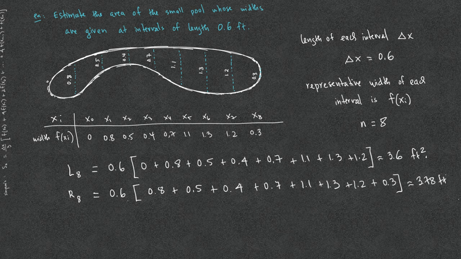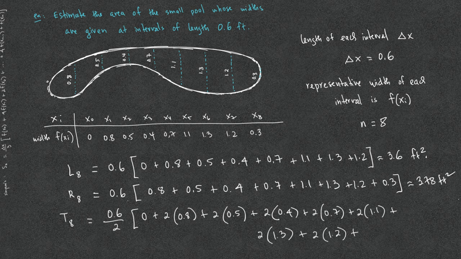For the trapezoidal rule, we take delta x over 2, which is 0.6 over 2, times 1 f of x sub 0, which is 0, plus 2 f of x sub 1, which is 0.8, plus 2 f of x sub 2, which is 0.5, plus 2 of each of the functional values between a and b, and the last term should be used only once, plus 0.3.